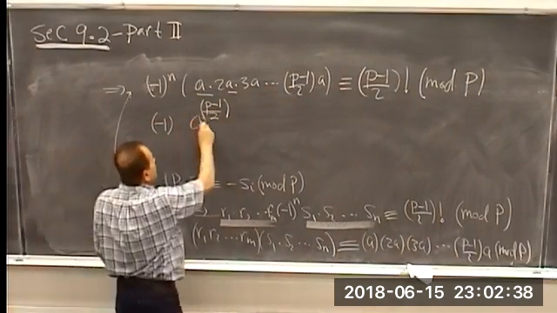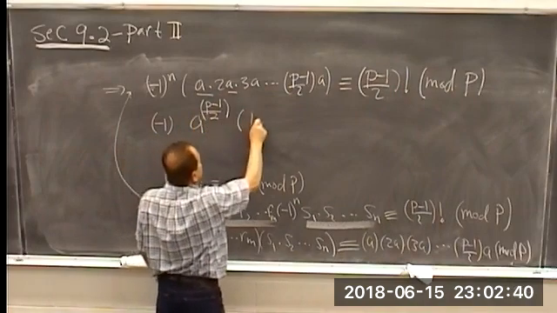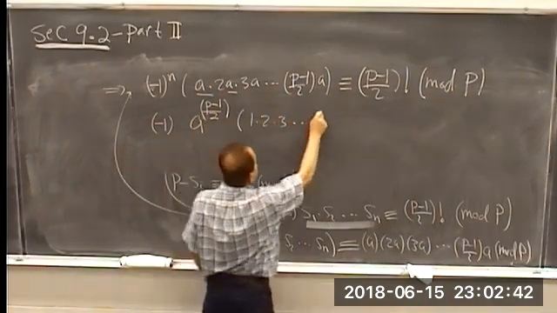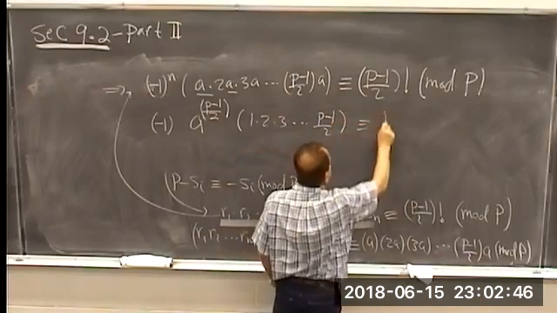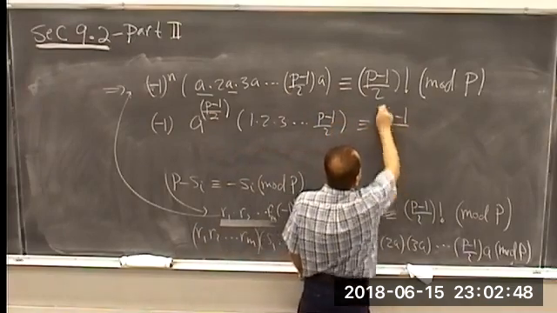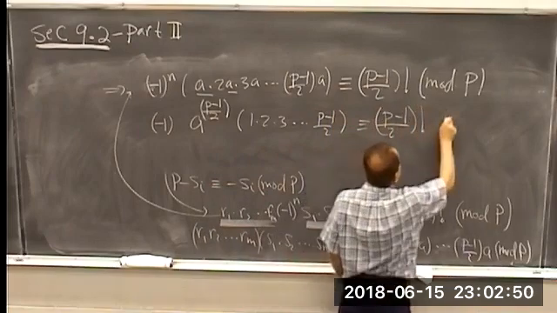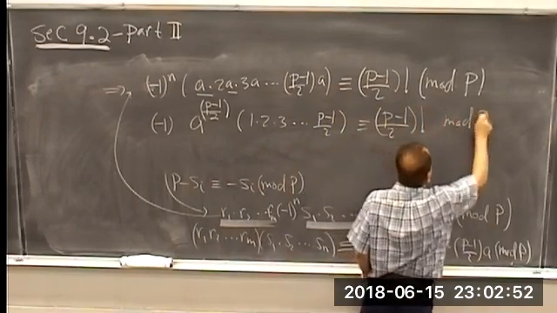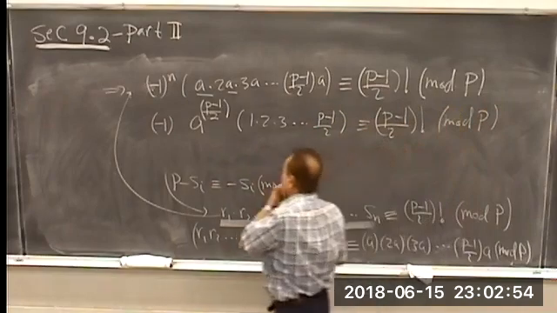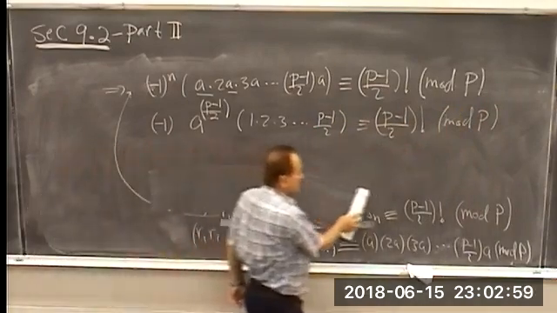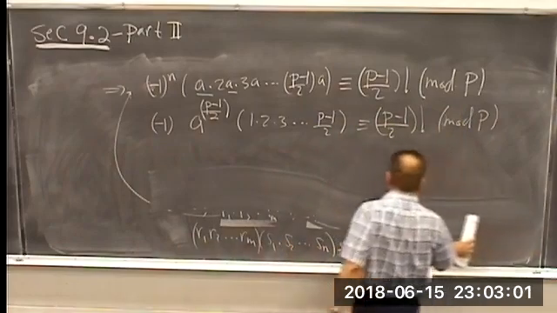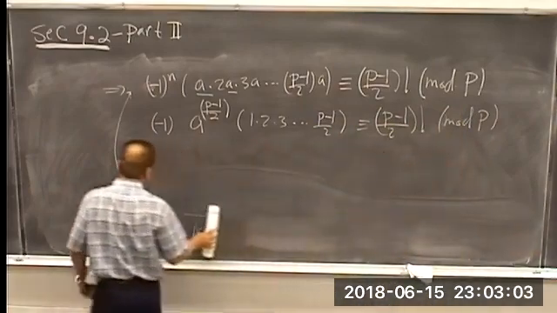And then the multiples of a are 1, 2, 3, up to (p−1)/2, factorial mod p. Also, this product of 1, 2, up to (p−1)/2 is also ((p−1)/2) factorial.